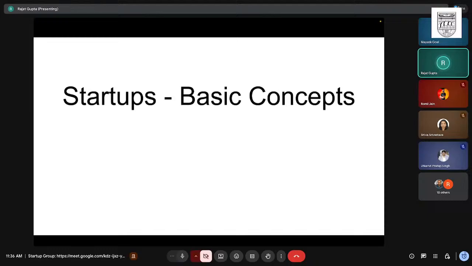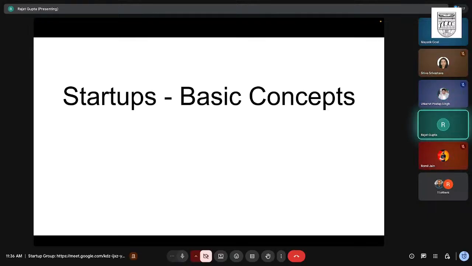Based on those, we thought it might be useful for a subsection of the audience to go back to fundamentals: what is a startup, why do people really do startups, what does a typical startup ecosystem look like, and cover a bunch of very basic topics.